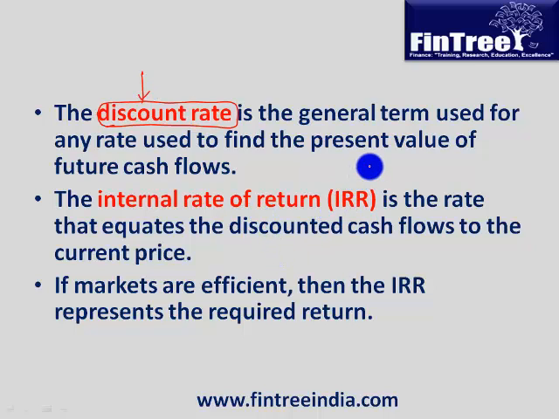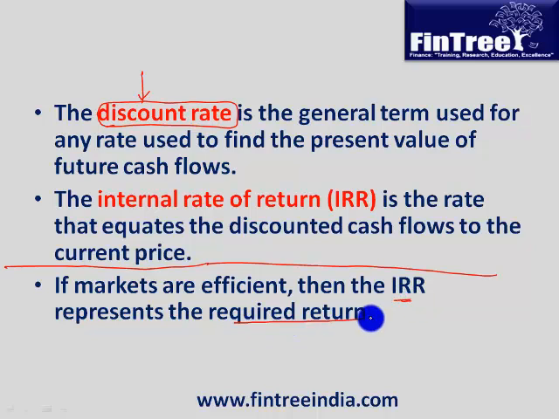IRR we already know: the rate at which present value of inflows would be equal to outflows. And see what it says here. If the markets are efficient, then IRR would represent the required return, because then what you earn and what is required are the same, and therefore the stocks will trade at intrinsic value.